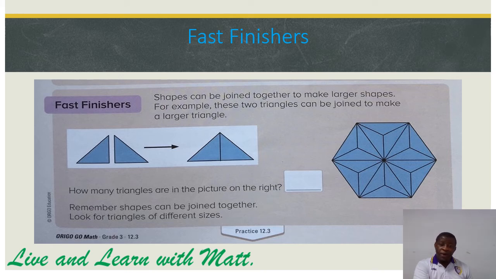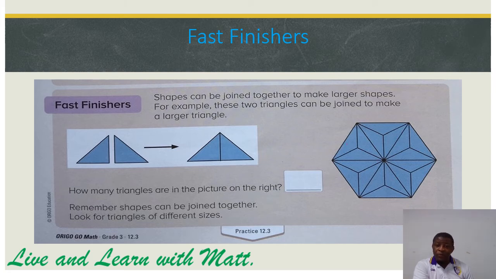So we have two triangles joined together to make a larger triangle. Now, how many triangles are in the picture on the right? Remember, shapes can be joined together. Look for triangles of different sizes, okay? So we have so many different triangles in different sizes.